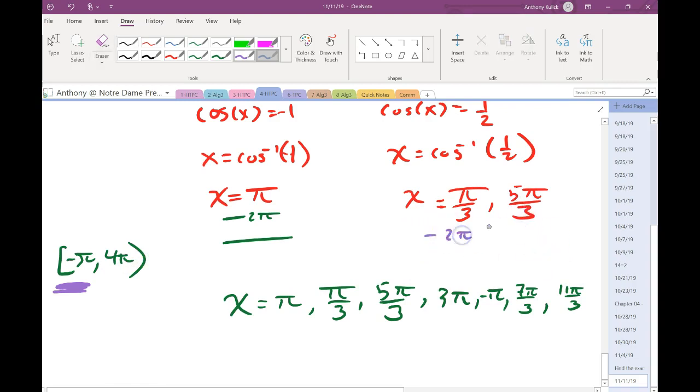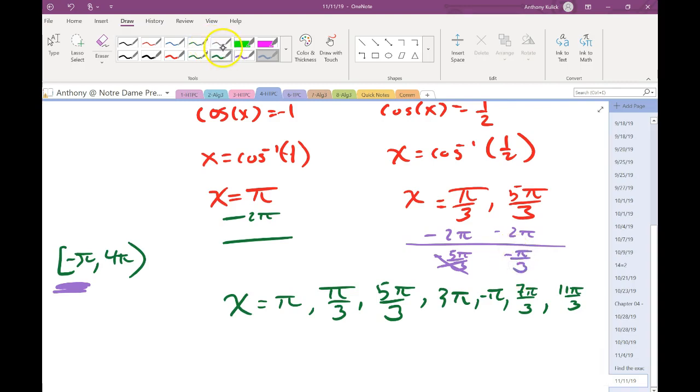Let's subtract 2 pi now. When I do that, I get negative pi over 3. Is that in the range? Too small. Negative 5 pi over 3 is smaller than negative 1 pi, right? Too small. If I subtract 2 pi here, I get negative pi over 3.